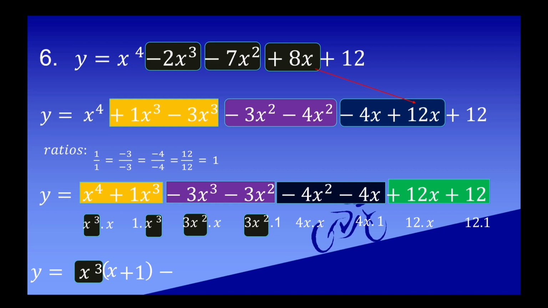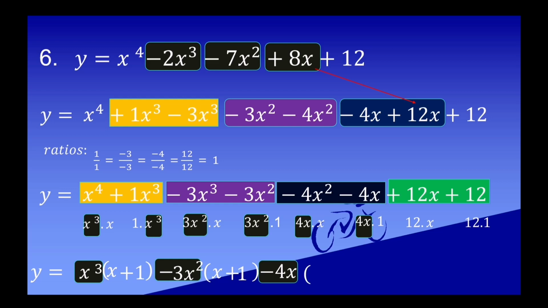And then the third and fourth, so negative 3x squared is the GCF. Then our remaining variable is x and the constant plus 1. And the other group, the GCF is negative 4x.